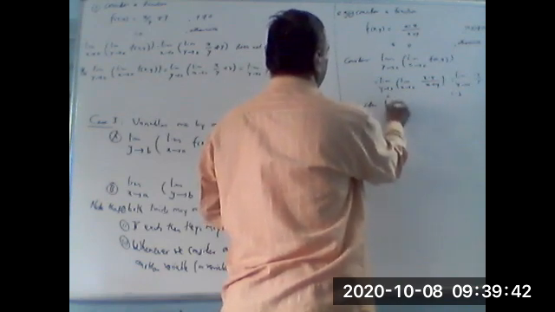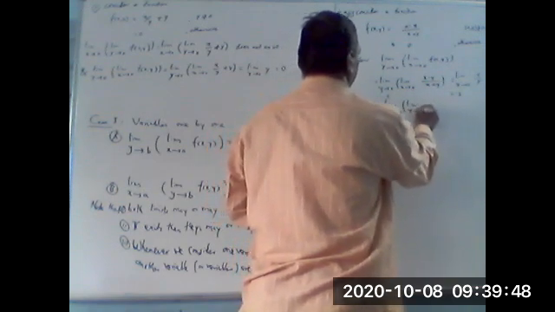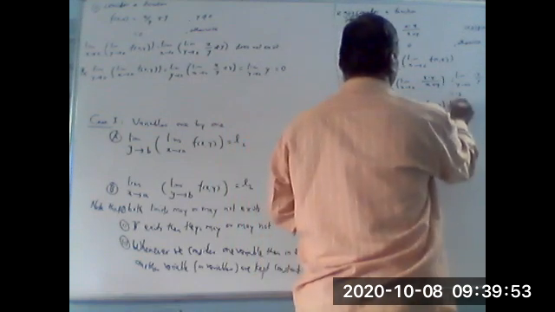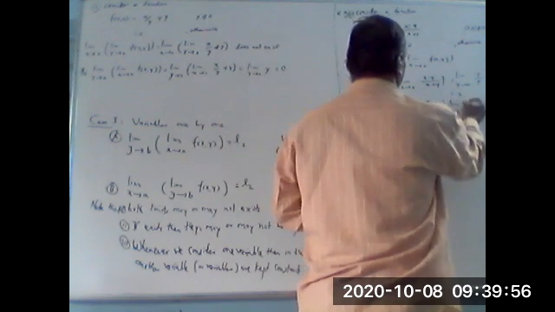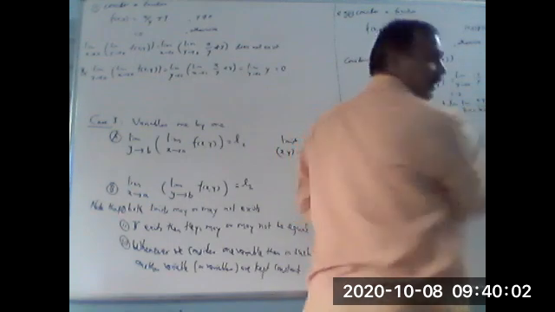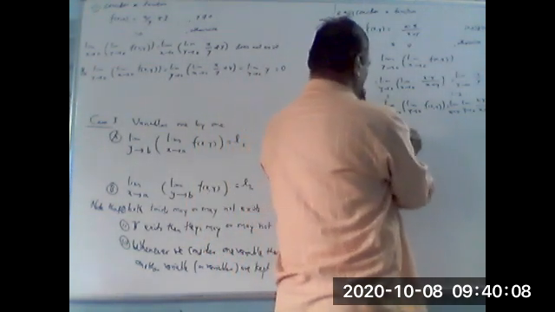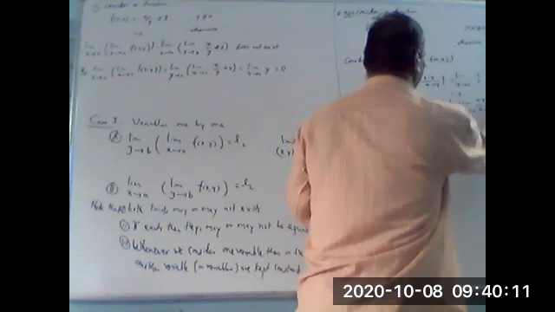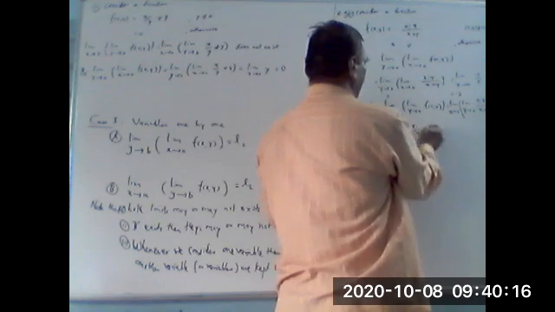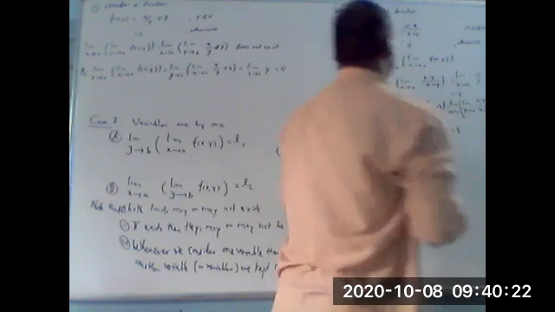Consider limit x tends to 0 of limit y tends to 0 of f of xy, and this will be limit x tends to 0 of limit y tends to 0 of x minus y upon x plus y. Putting y equal to 0, therefore it will be x upon x, that is 1.